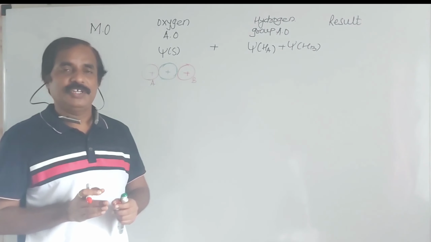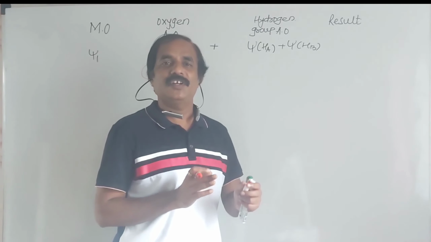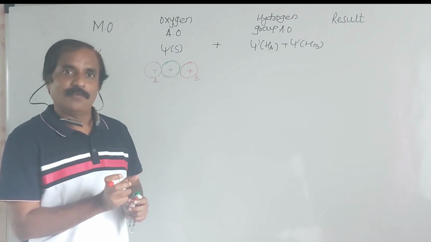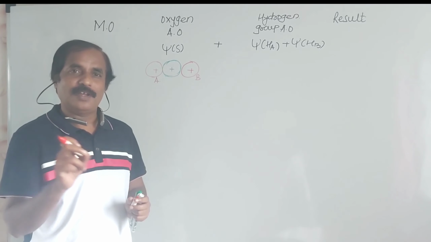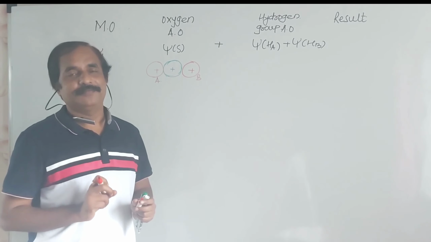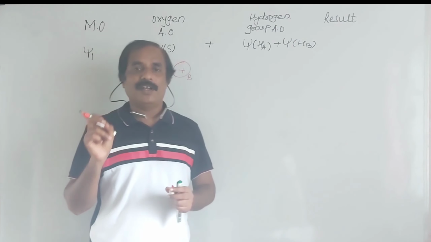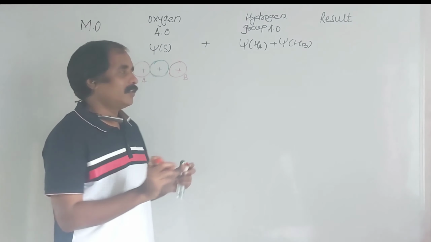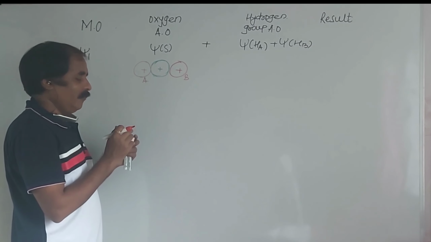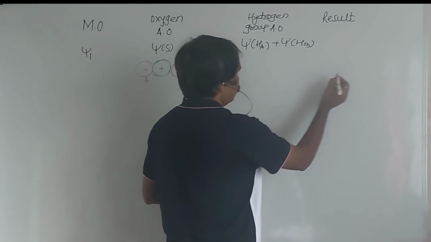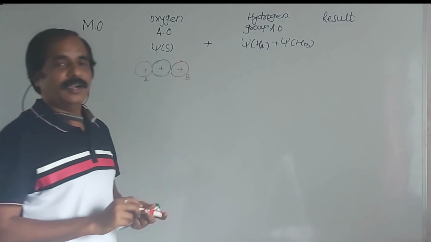Positive addition, but positive negative is subtraction, negative positive is subtraction. Positive amplitude of one wave and positive amplitude of another wave gives addition. But positive amplitude of one wave and negative amplitude of another wave gives subtraction. So here there is an addition, and when there is an addition, the result will be bonding, a formation of a bonding molecular orbital.